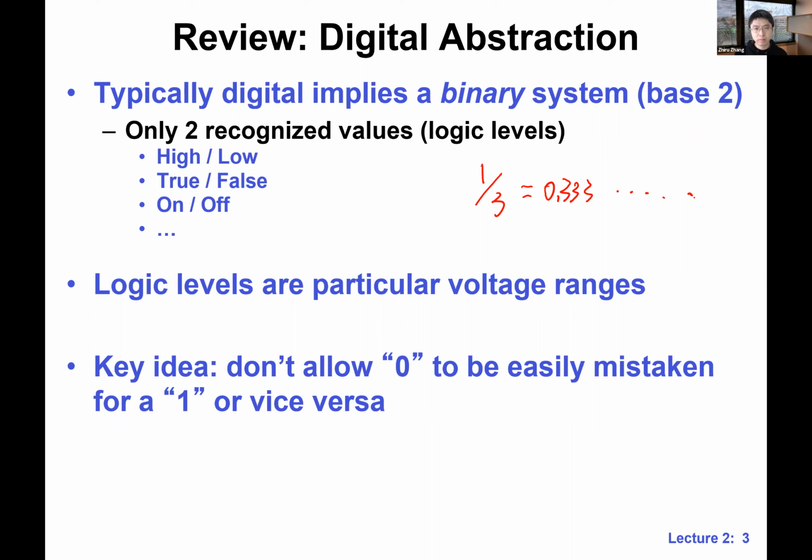But this is kind of surprising, because we talk about digital systems being so powerful, and we cannot even represent 1/3. What's going on? 1/3 is a fractional value. If we actually have to precisely store it in our memory or in our digital system, we need an infinite number of bits. I think some of you are already mentioning this in the chat window.